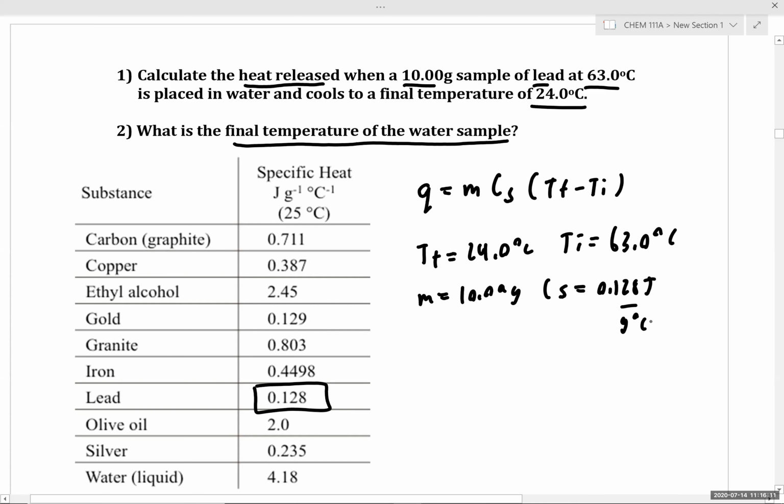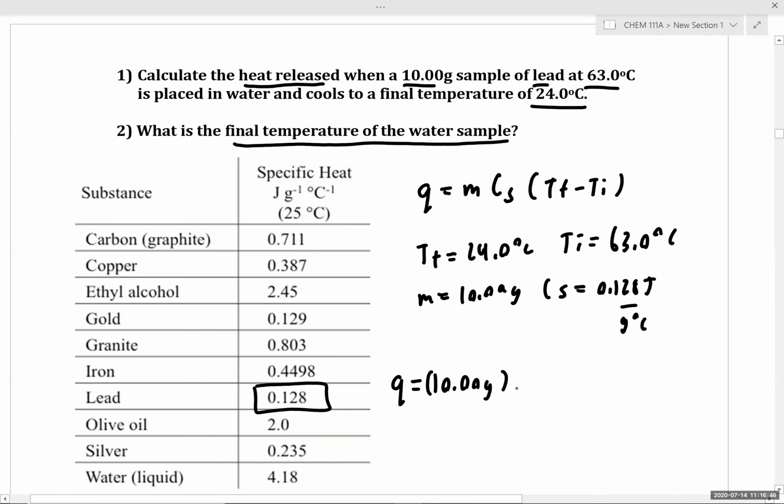Now you may notice specific heats are listed at 25 degrees Celsius. Specific heats do depend on temperature, and they're best described as functions. But for this class, we're just going to assume the specific heat doesn't change too much with temperature. For all the engineers and chemists, this exact same topic will be covered in much more detail using more sophisticated math in upper division courses.